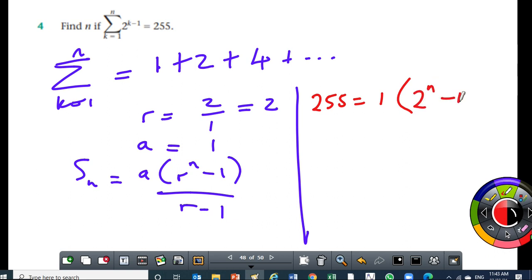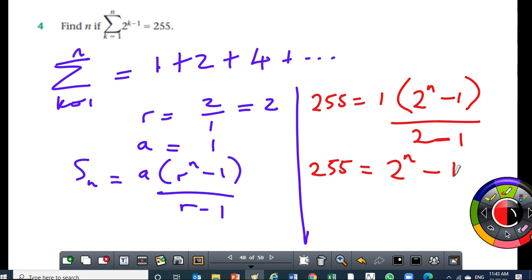That will be 2 to the power of n minus 1 over 2 minus 1. So this will give me 255 equal to, the denominator becomes 1. 1 times 2 to the power of n gives 2 to the power of n minus 1. Then I'll end up having 256 equal to 2 to the power of n.